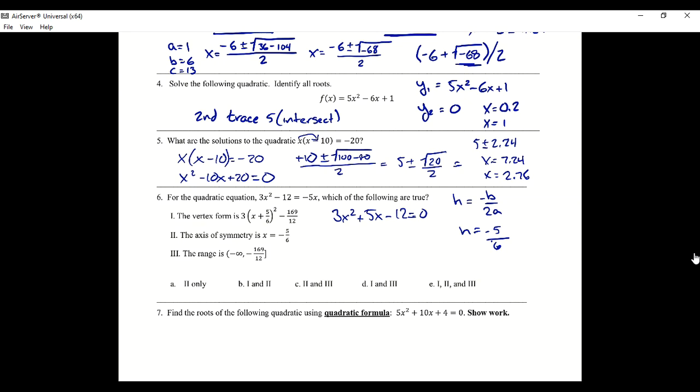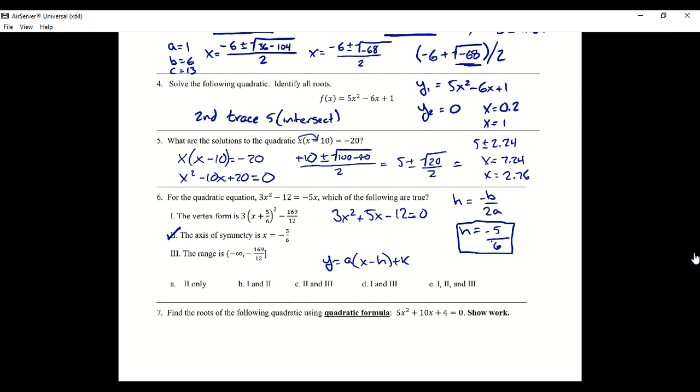Remembering our form is y equals a times (x minus h) squared plus k. So if we look right here, this is telling us h is negative 5/6, which means our axis of symmetry is indeed x equals negative 5/6.